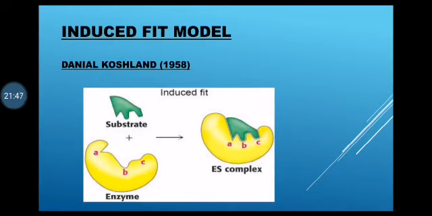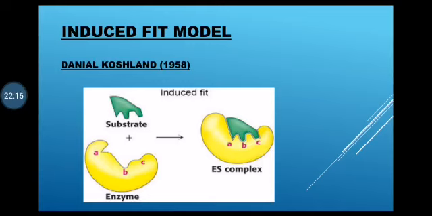According to this model, the active site is not a rigid structure. Rather, the active site of an enzyme molds itself according to the required shape of the substrate and then performs its function. The induced fit model is more acceptable than the lock and key model of enzyme action.